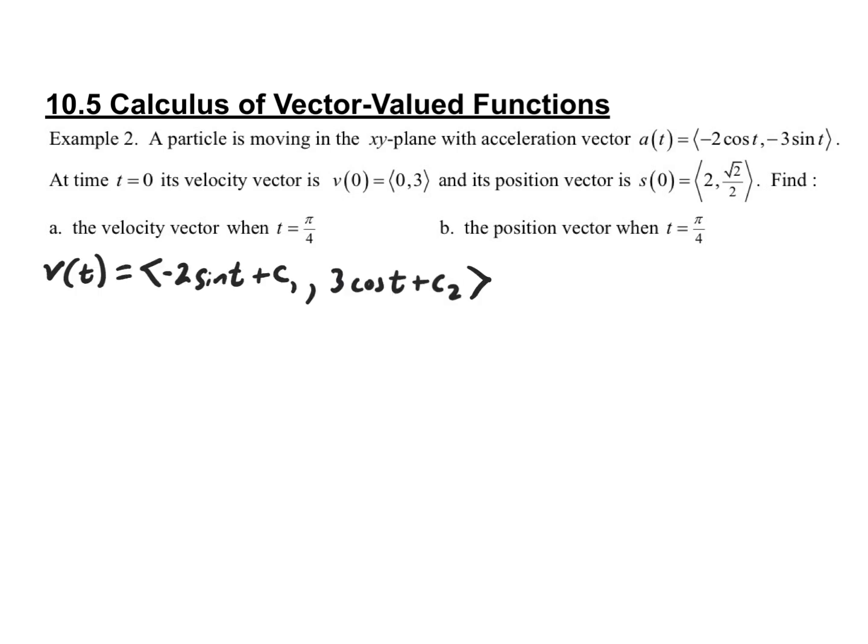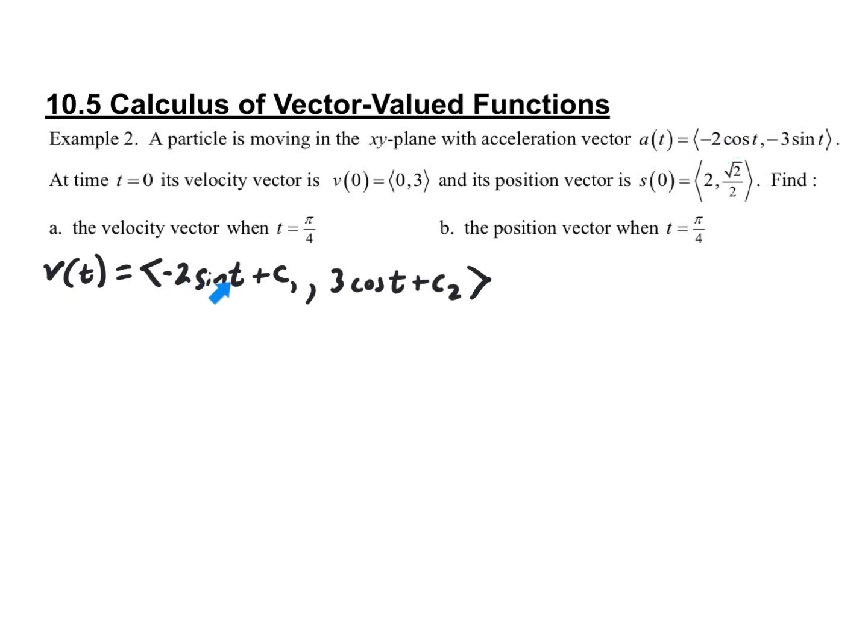the velocity vector is just the integral of this. Now notice I've got a C on each one. So when I integrate -2 cosine t, the integral of cosine is sine.